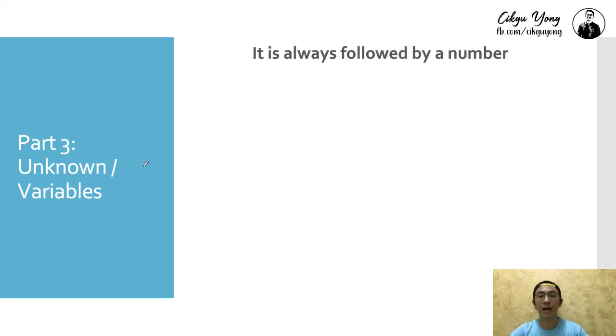And for this part, there's only one focus that I will need to shout out. So for unknown or variables, actually it is always followed by a number. For example, X. So my students used to actually confuse when they encounter unknown or variables.